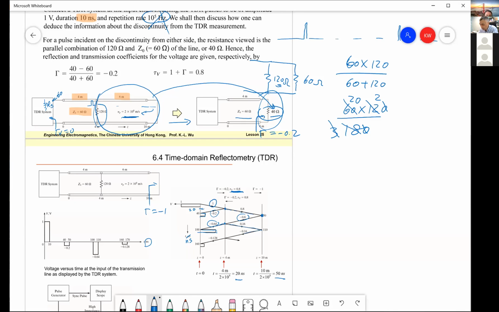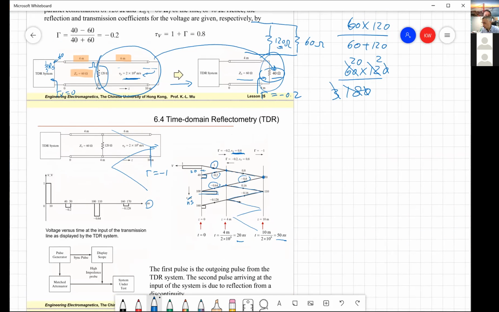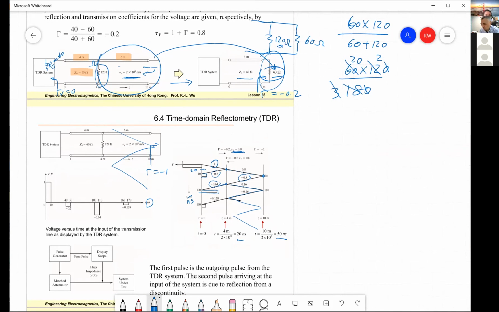So we have multiple reflections in this region, but we are not interested in this part because we have the initial pulse and a first reflection, which is only caused by this.